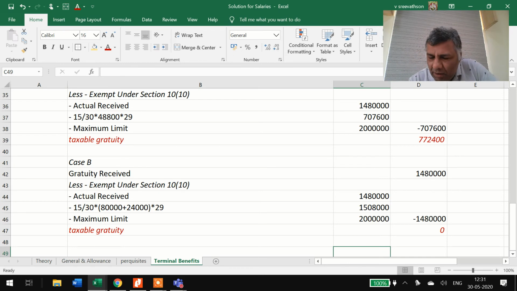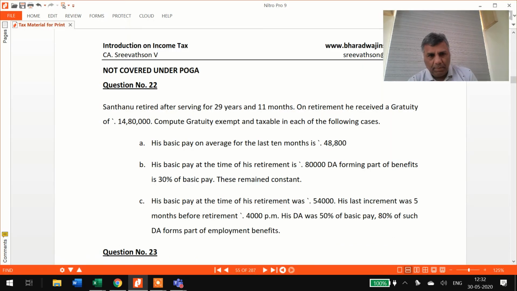I'm getting the full gratuity as exempt. I want your understanding in the third case. First listen, understand, and then we can do.